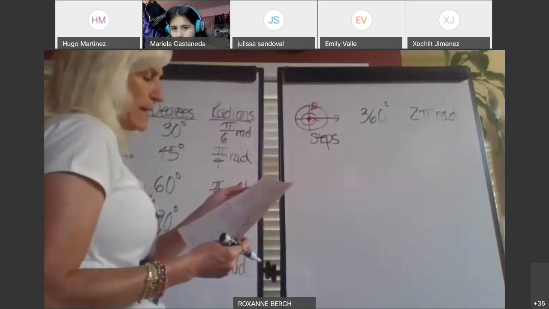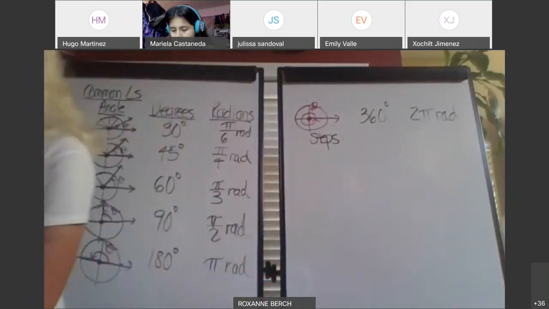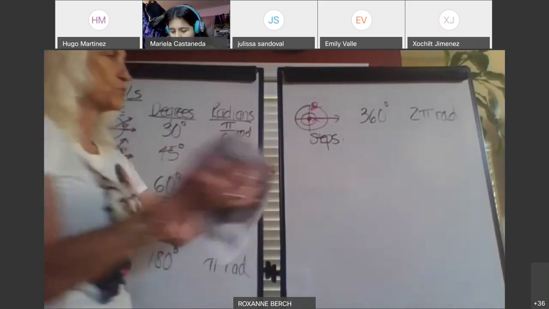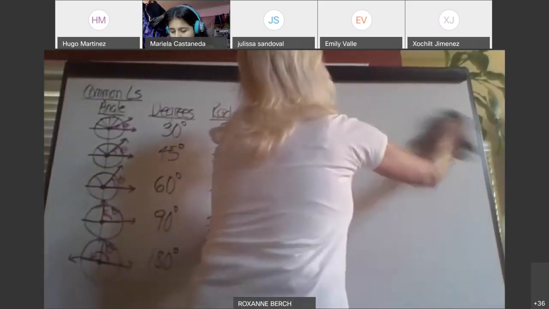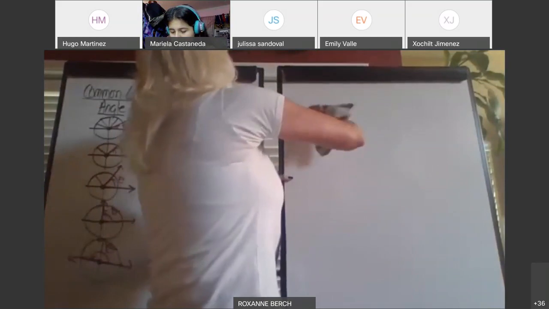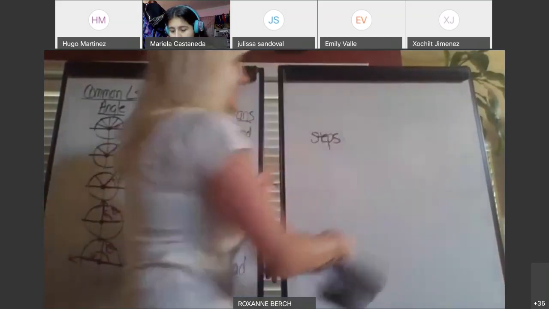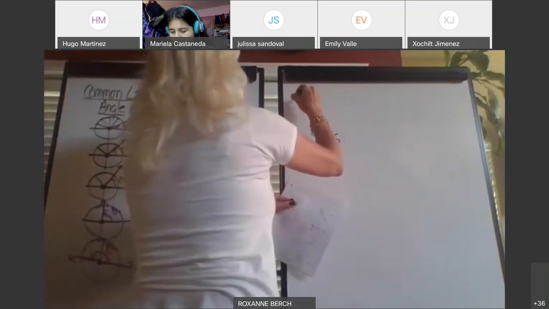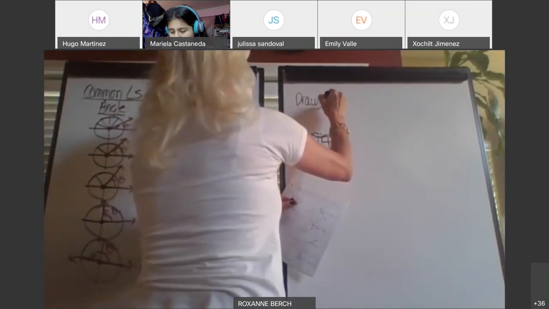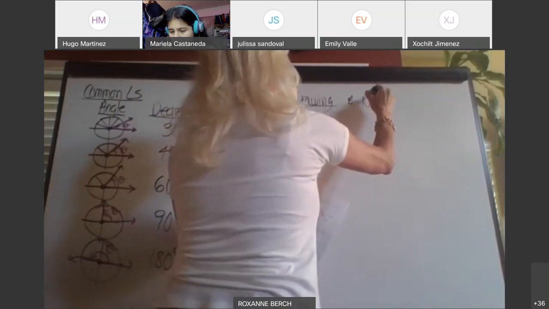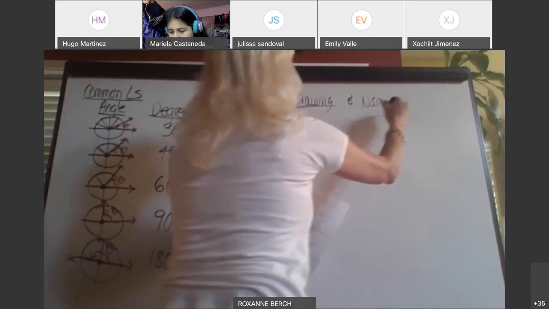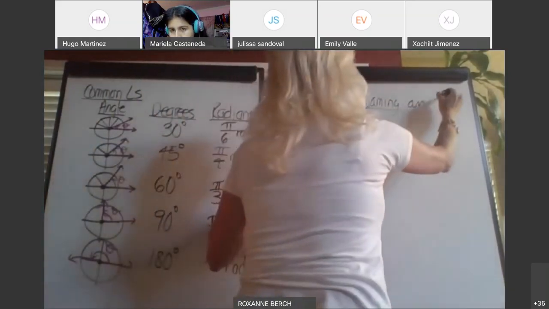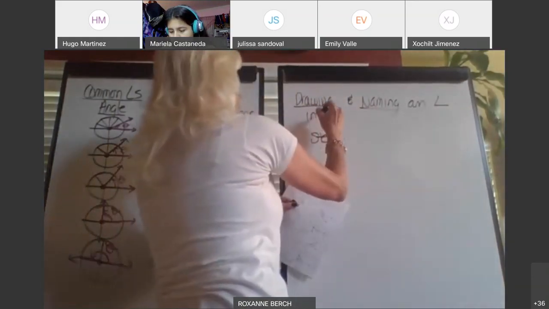These are the steps for drawing and naming an angle in standard position, which is actually on the sheets that I copied for you. I'm giving you a lot of practice on that because you will be quizzed on this.